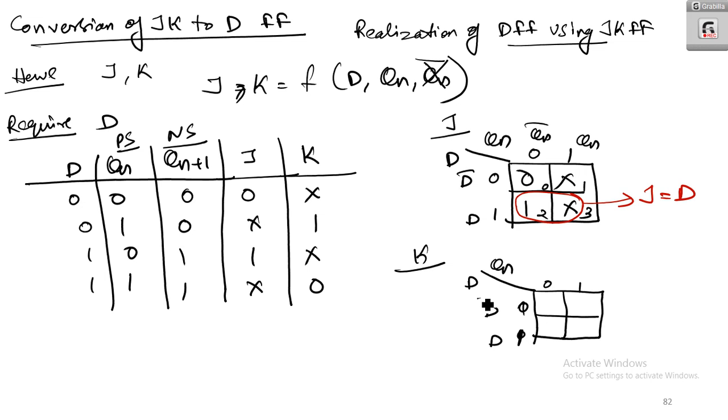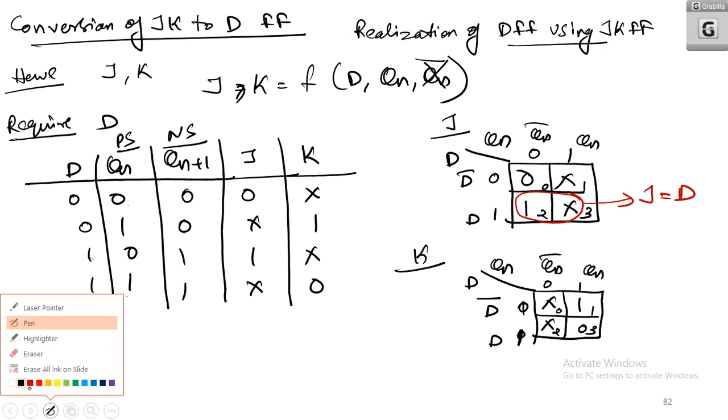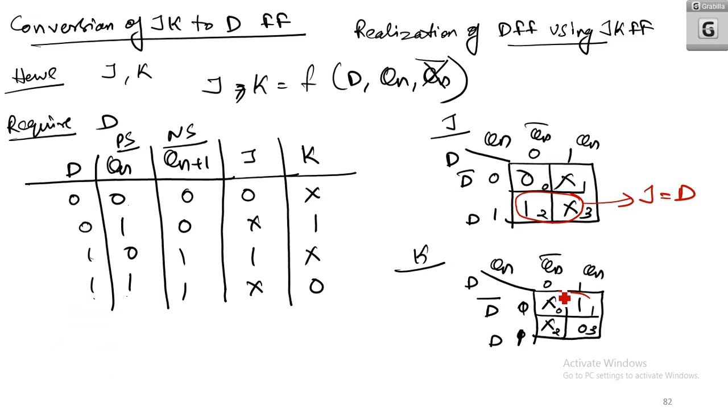It is D bar, D, Qn bar, Qn, so 0, 1, 2, and 3. For 0, 0, it is don't care. For 0, 1, it is 1. For 1, 0, it is don't care. For 1, 1, it is 0. So you can club these two. What is the expression? You can get K is equal to D bar.